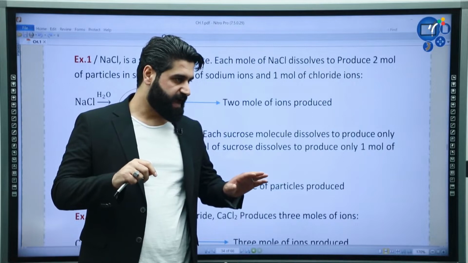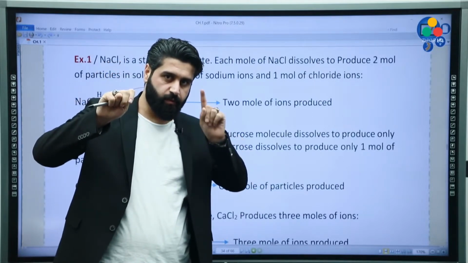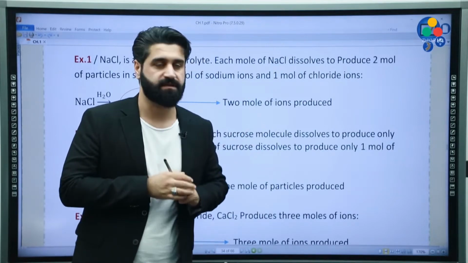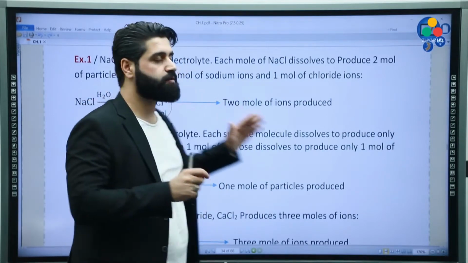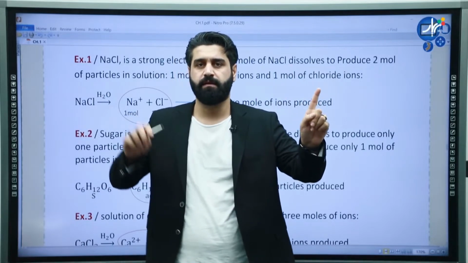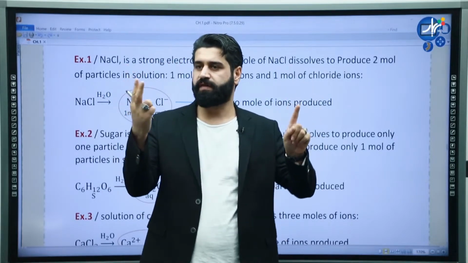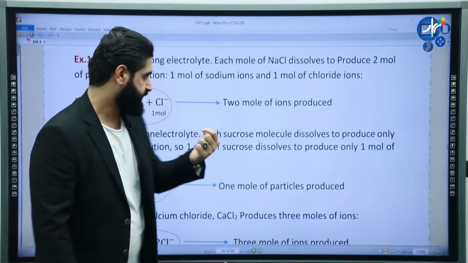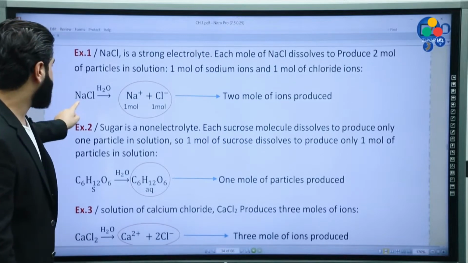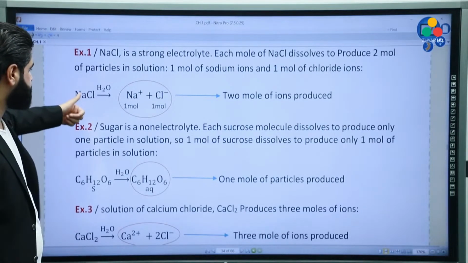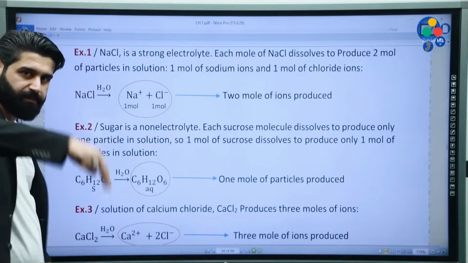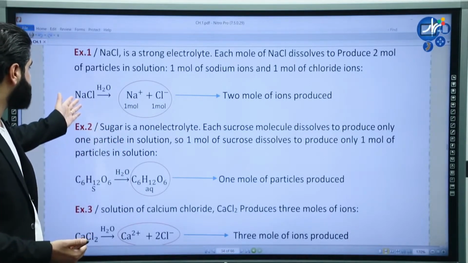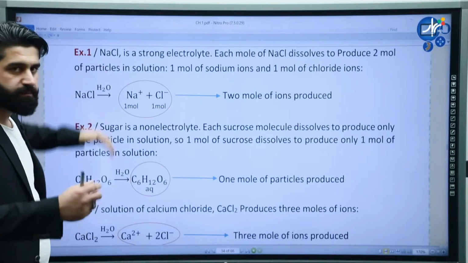That means there will be 2 particles versus 1 particle. Remember, colligative properties depend on the number of particles. So the effect of NaCl is double compared to sugar. Okay? So it affects boiling point, freezing point, osmotic pressure, and vapor pressure by double. It has double the effect of sugar.